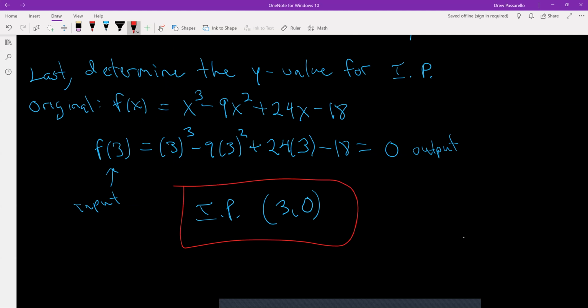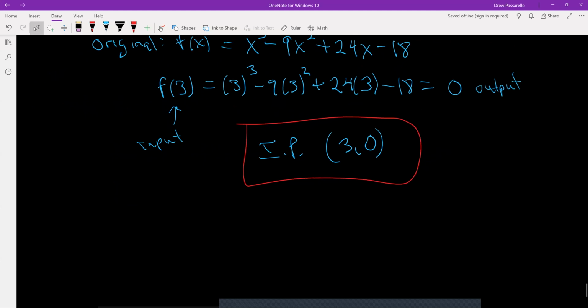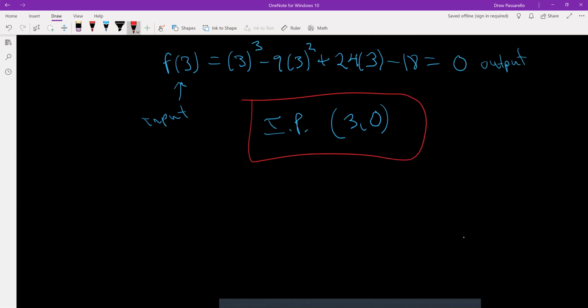All right, so in conclusion, we've done the question, but just to summarize, we had the intervals of concavity: concave down from negative infinity to 3, and then concave up from 3 to positive infinity.